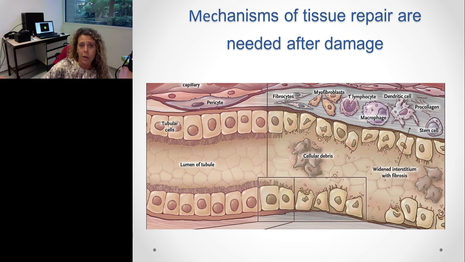Okay, so we all know that tissue damage happens, and our organs are in many instances able to put in place some repair. So we have necrosis of the tissues, we have loss of capillaries, infiltration of inflammatory cells, possible modulation of pericytes that transform into fibromyocytes.